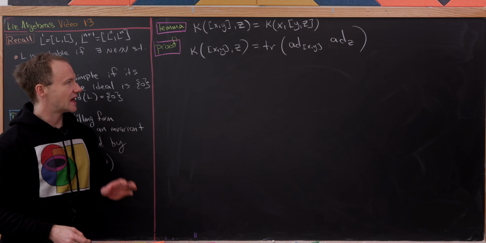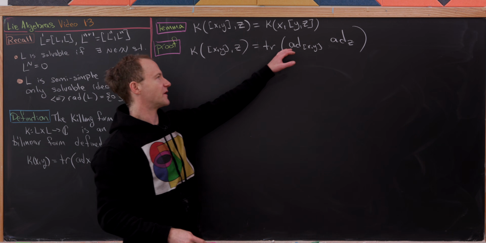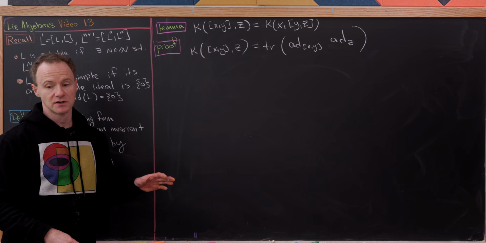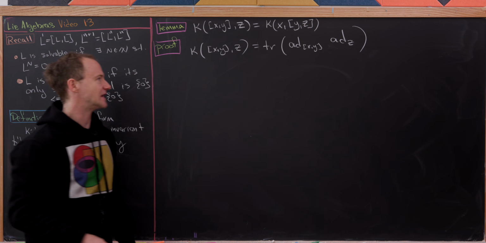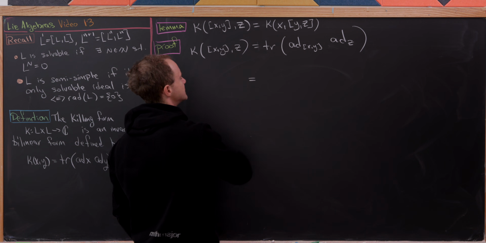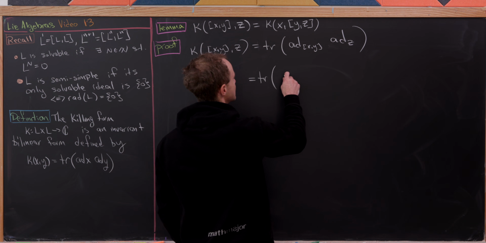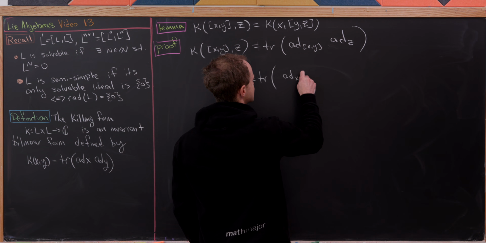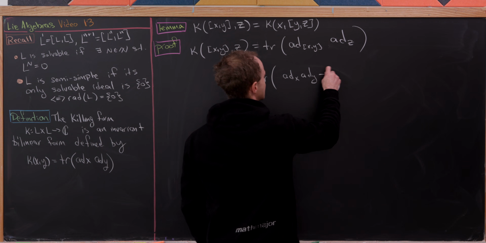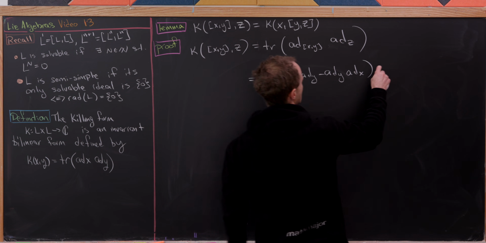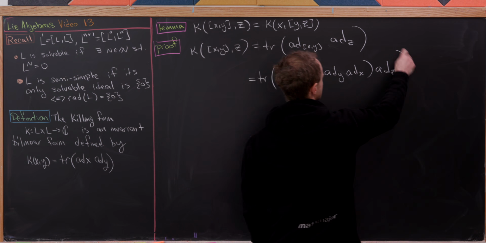But like I said, in the past, we talked about what the adjoint action of a bracket looked like, and in fact, looked like the bracket of adjoint actions. And so we'll use that here. So this is from a previous result that we get the trace of ad x, ad y, minus ad y, ad x, all times ad z.